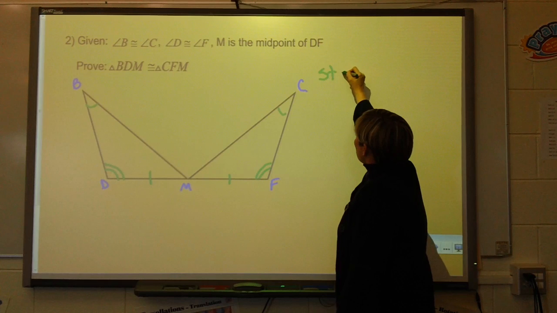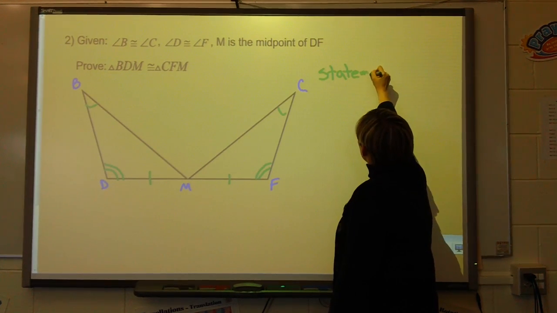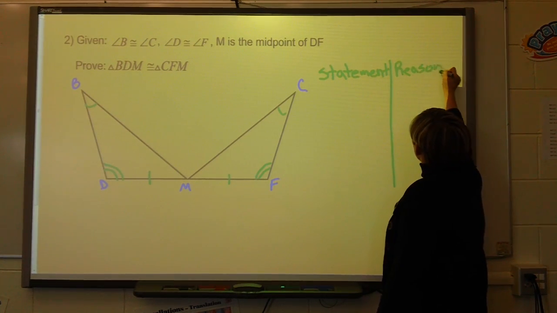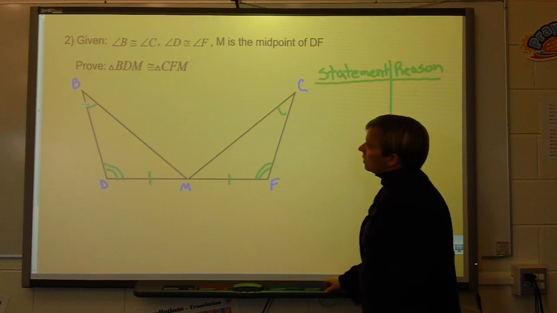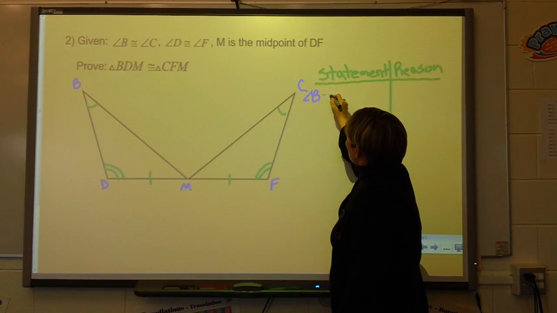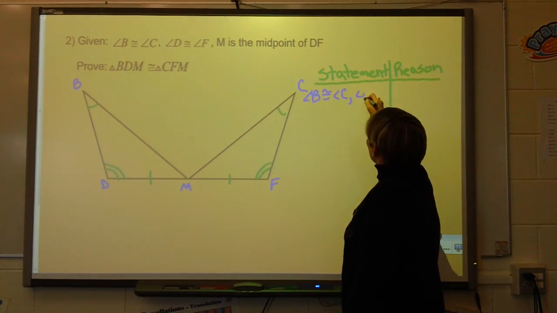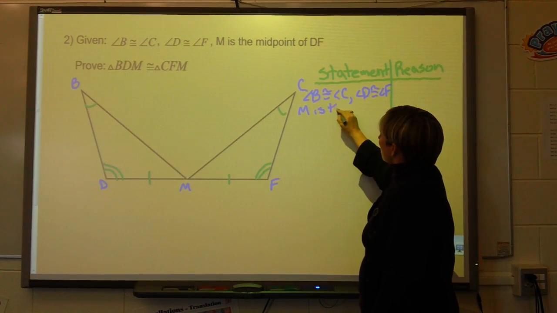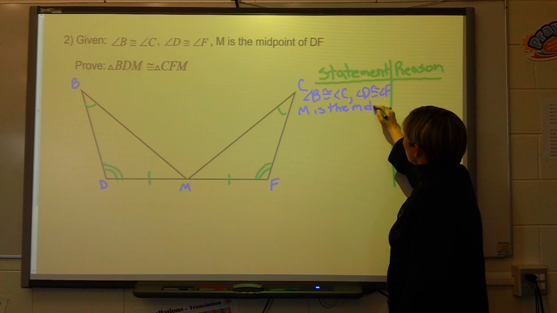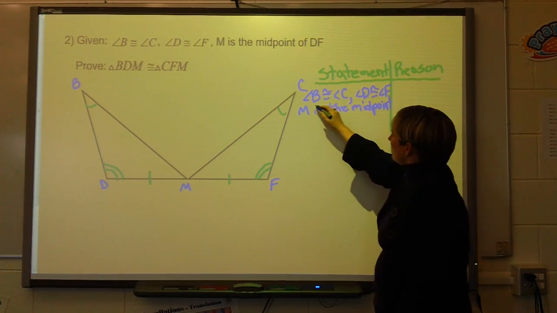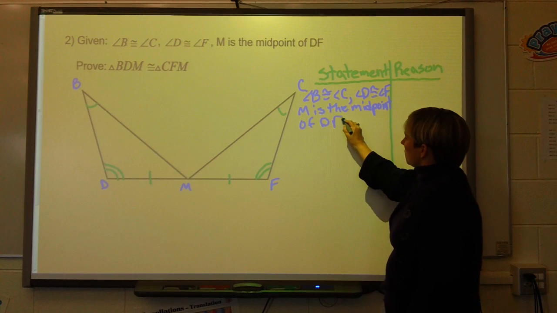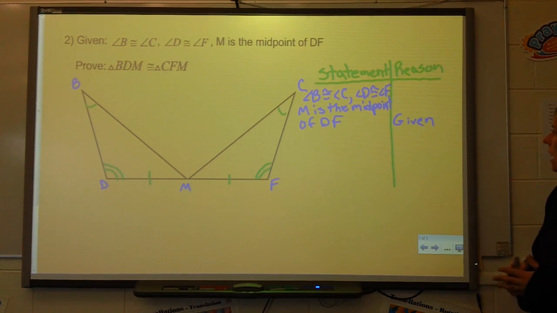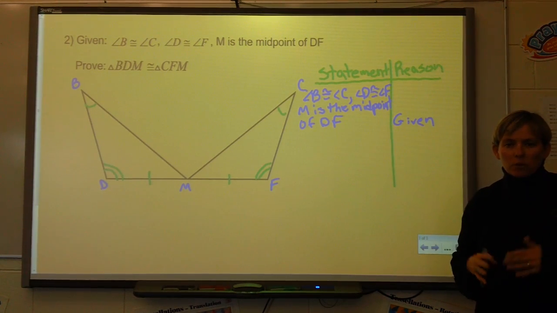So I'm going to choose to do statement reason. And I'm going to start with my givens. Angle B congruent to angle C and angle D congruent to angle F. I'm not inferring anything from those, it is what it is.